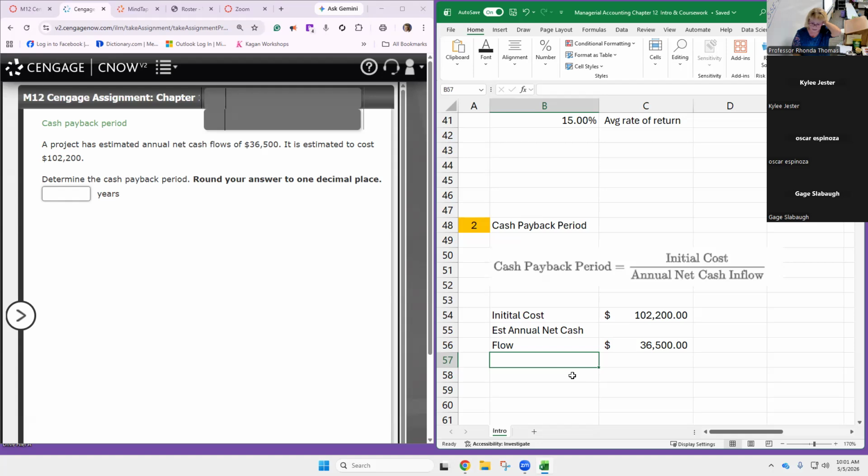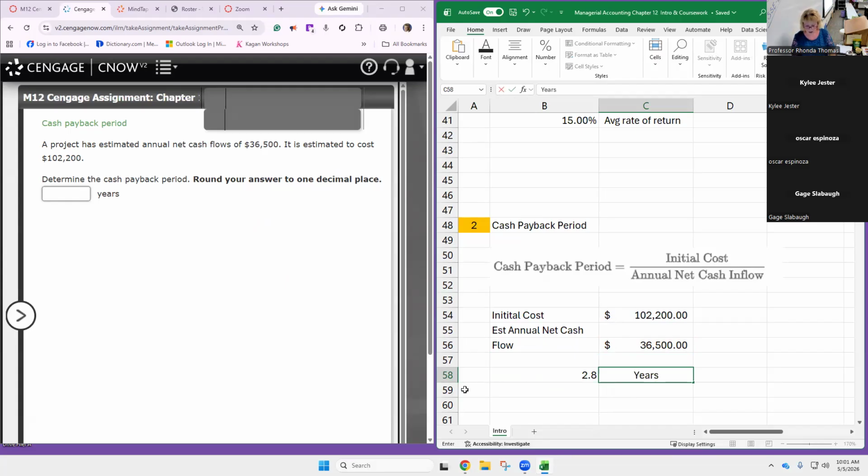Okay, so let's do the math here. Initial cost divided by the inflow of cash that it's supposed to bring in. So I got 2.8 years, okay, 2.8 years. They want you to round your answer to 1 decimal place.